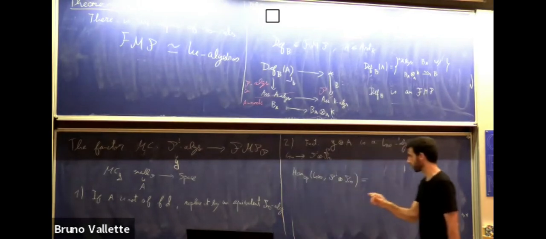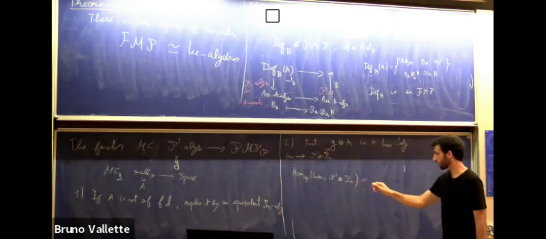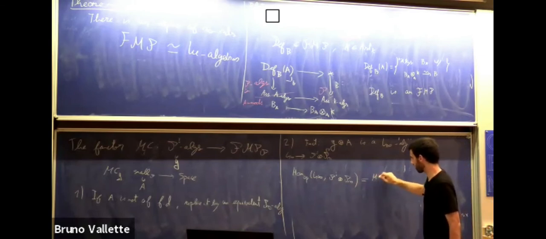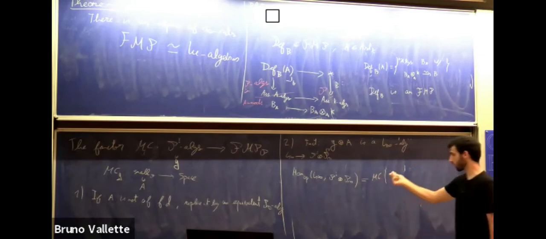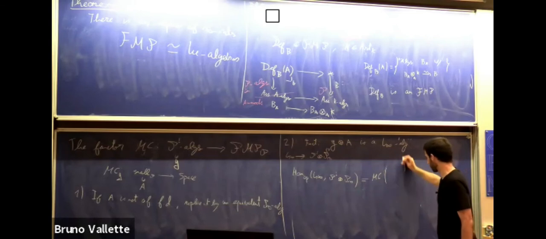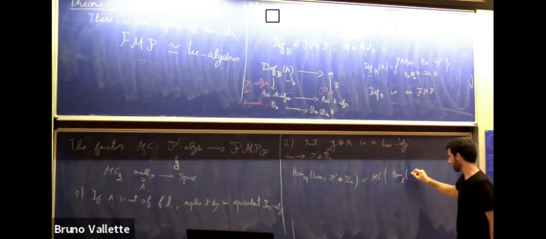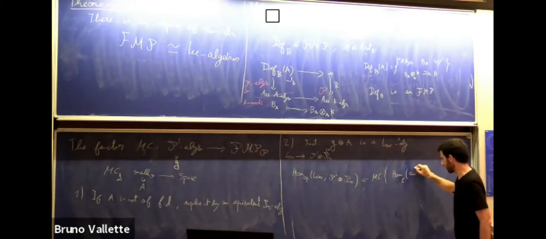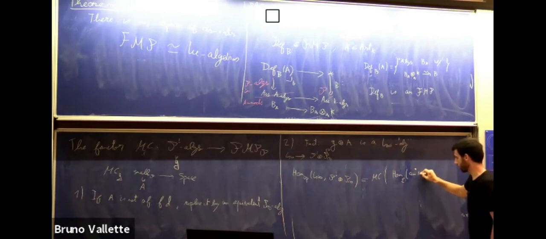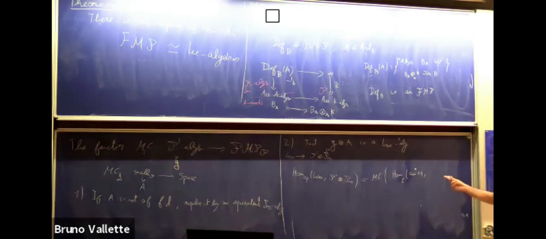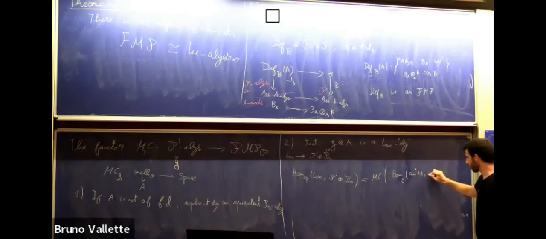You're right, it's more correct. So this is just Maurer-Cartan elements in some Lie algebra, which I'll lazily write as Hom sigma of the dual of Com. Maybe there is some degree shift into this P infinity.